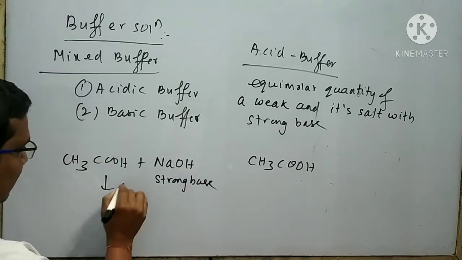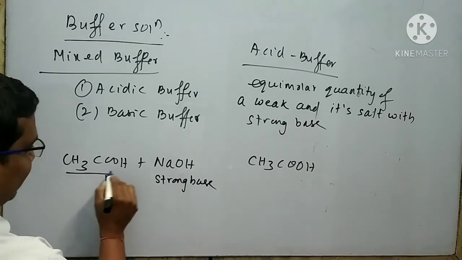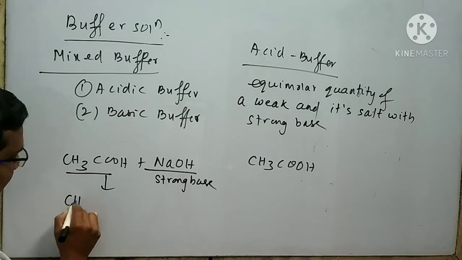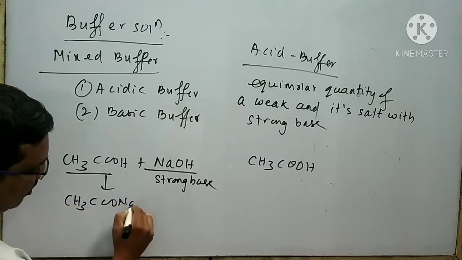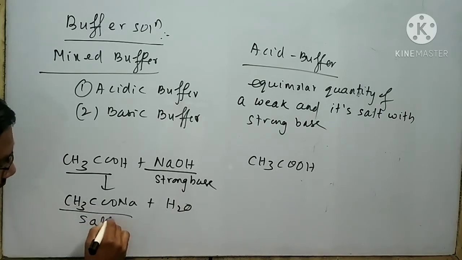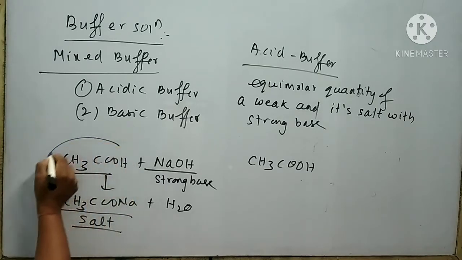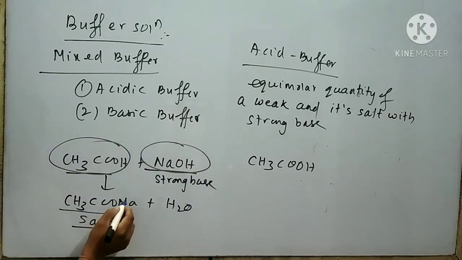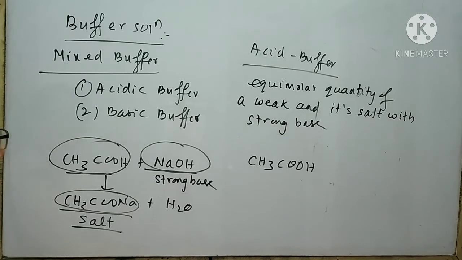Then what will happen? This acid and this strong base undergo a reaction and give a salt and also water. This is your salt, and this salt is prepared by a weak acid and a strong base. So this salt belongs to the salt of weak acid and strong base.